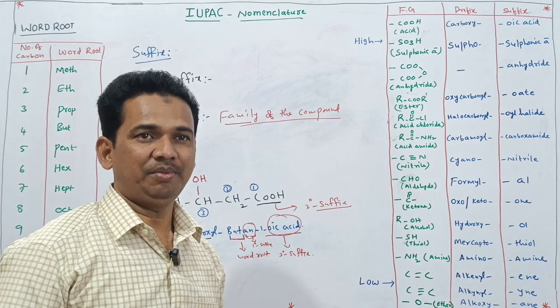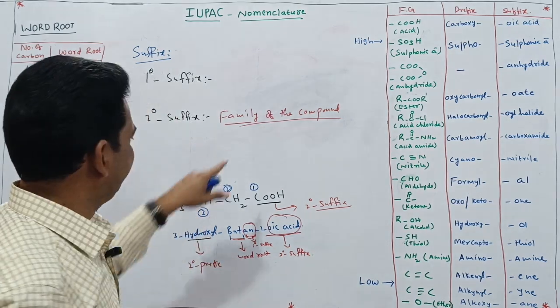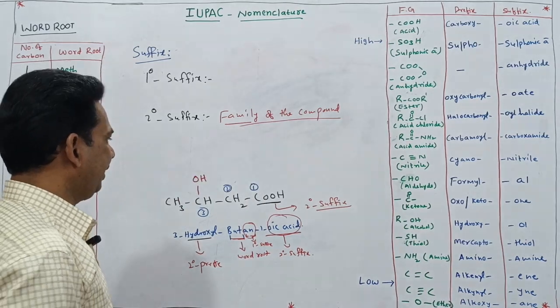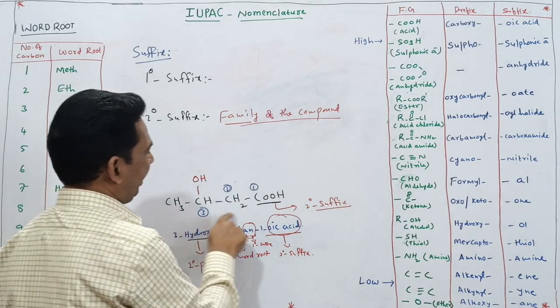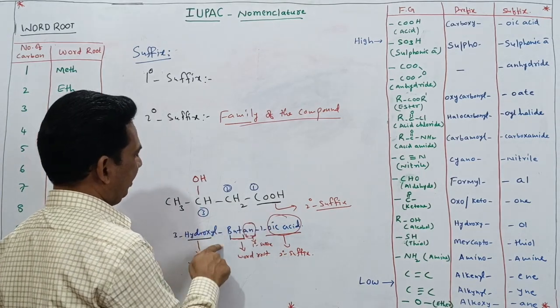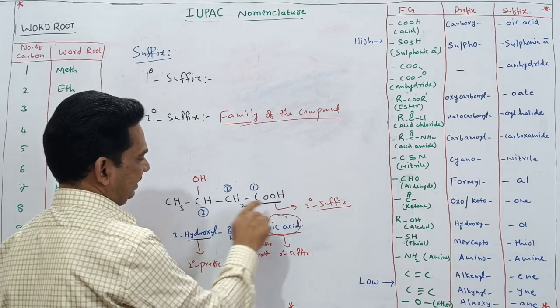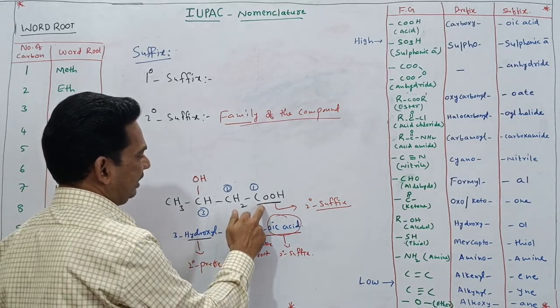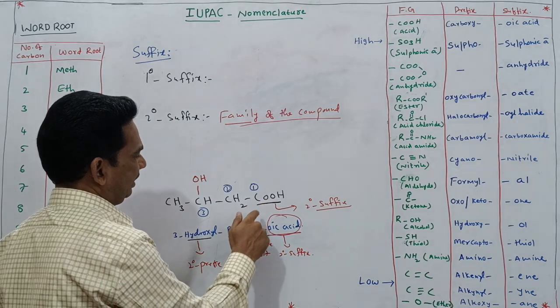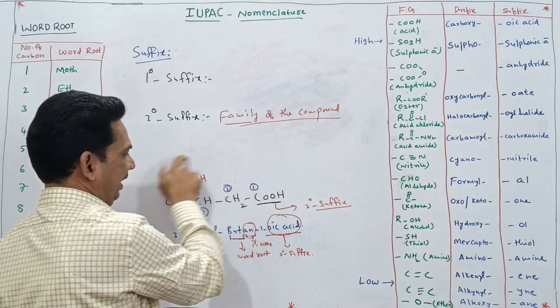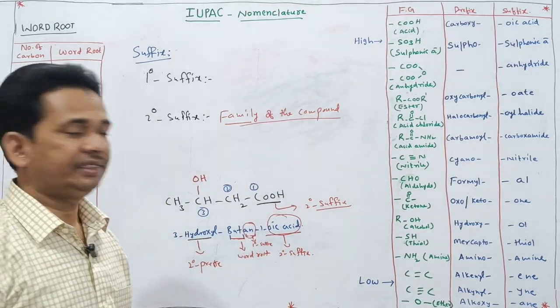It tells about the family. The secondary suffix always tells about the family. Now you can see here, 3-hydroxybutanoic acid, oic acid is the secondary suffix. It tells this compound belongs to the acid family.